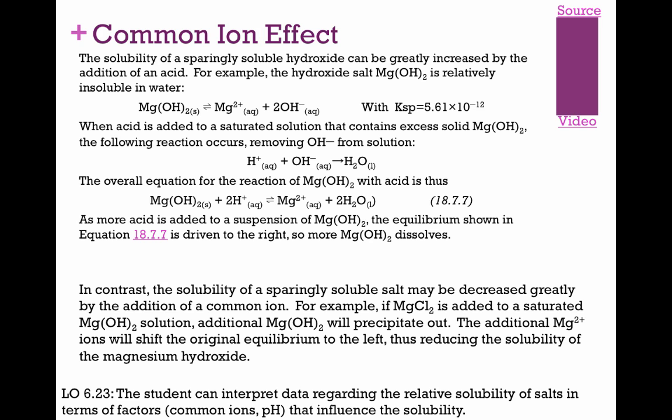So if you add more Mg2 plus ions to this system that's at equilibrium, now you have too much product, and so you're going to shift back to the reactants to use up that extra product. And so then, because you're making more solid now, you're decreasing the amount that's dissolved, and so you are decreasing solubility. So pH will increase solubility, common ion will decrease solubility.